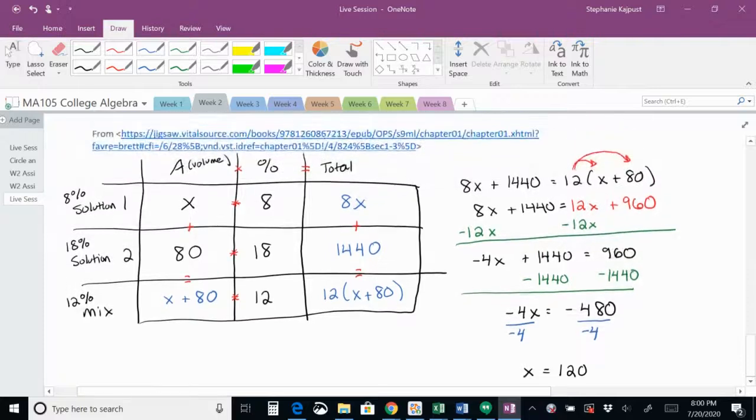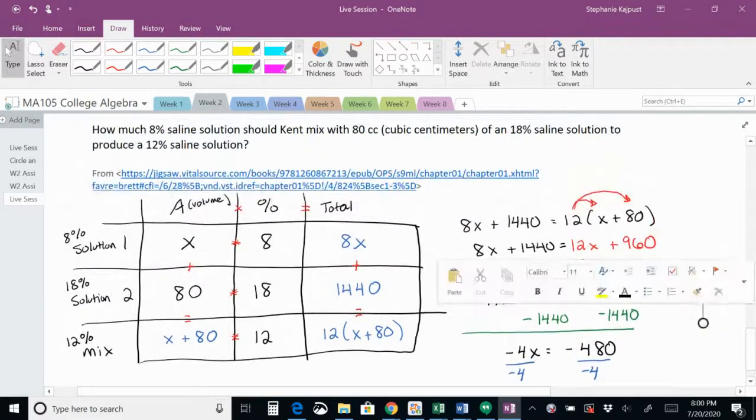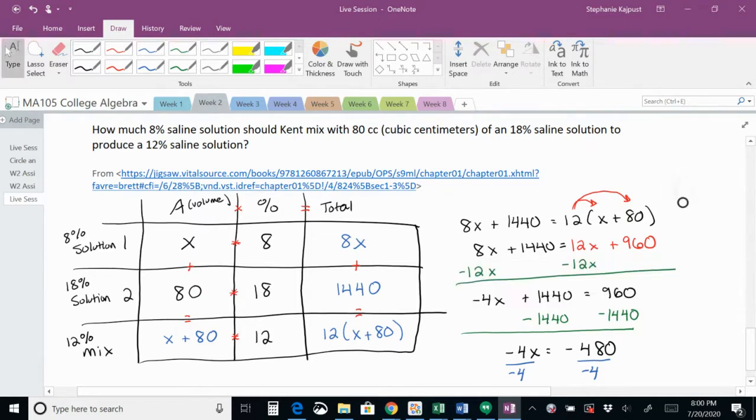So that's what x is, and we want to make sure that we're answering the question. It says, how much 8% solution should Kent mix to produce this thing? So you should mix 120, we want to have our units, cc's, of the 8% saline solution.